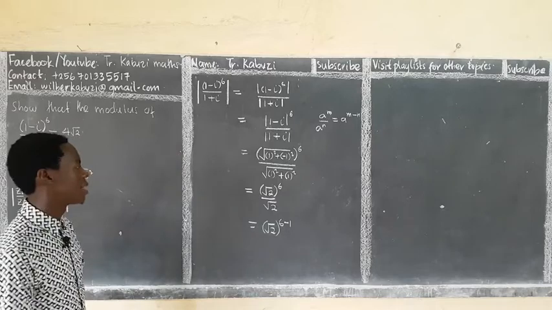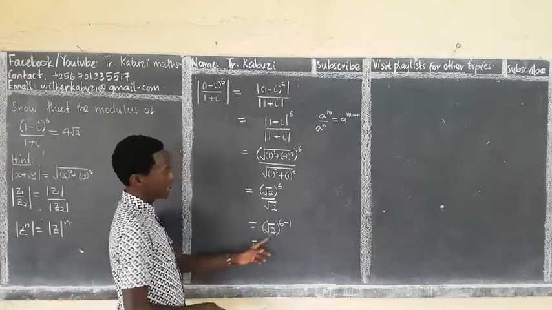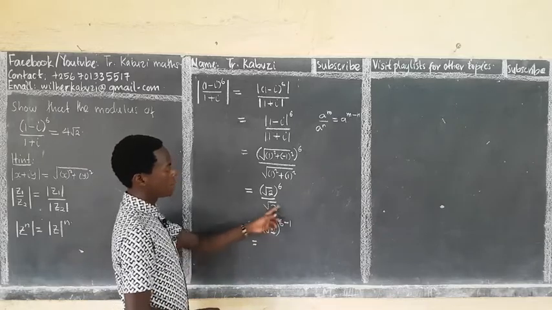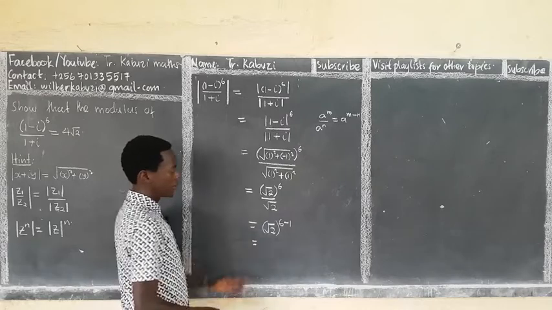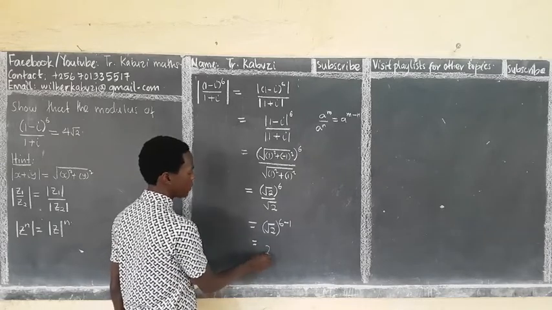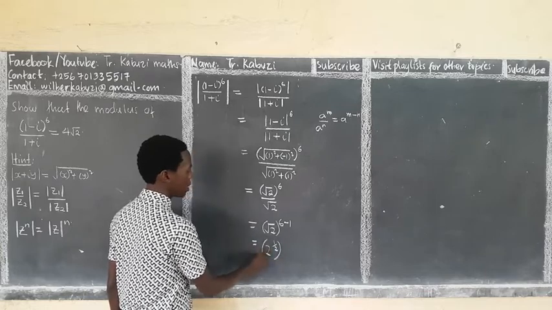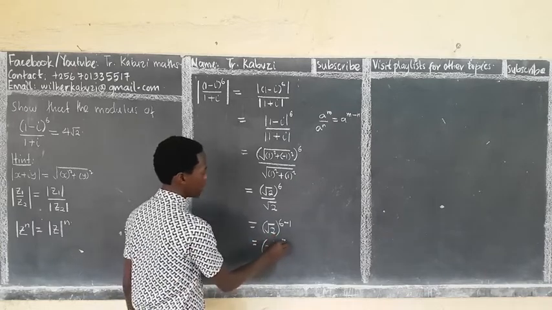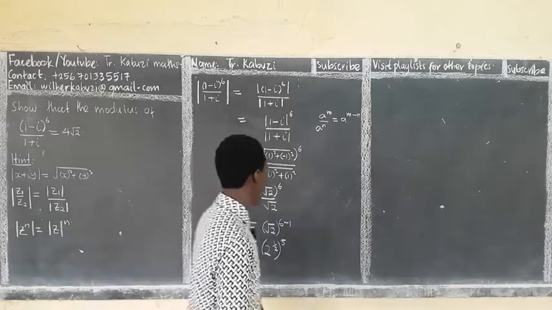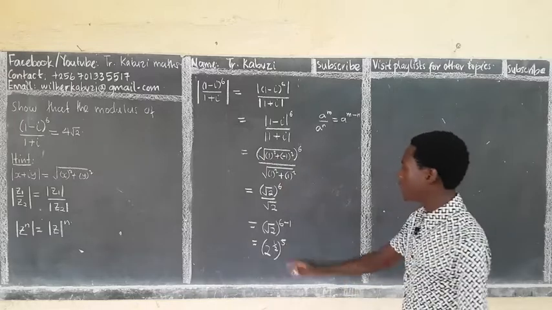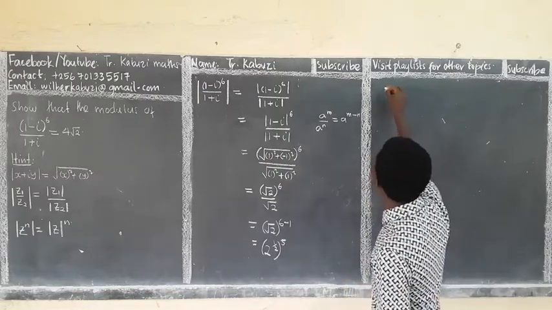Now you know that root 2 is the same as 2 to the power a half, so I have 2 to the power a half, the whole thing to the power 5. If I simplify that, I have 2 to the power 2.5.